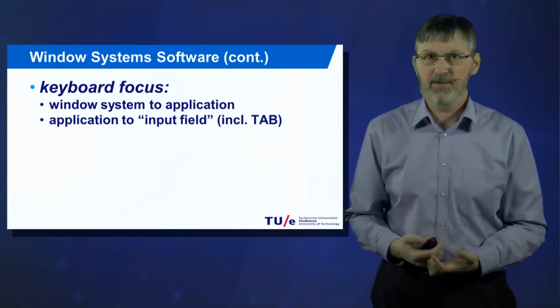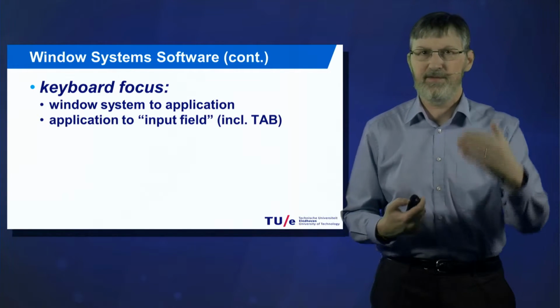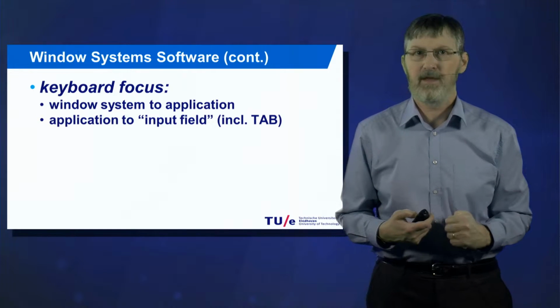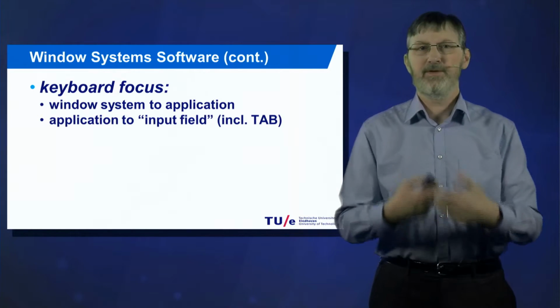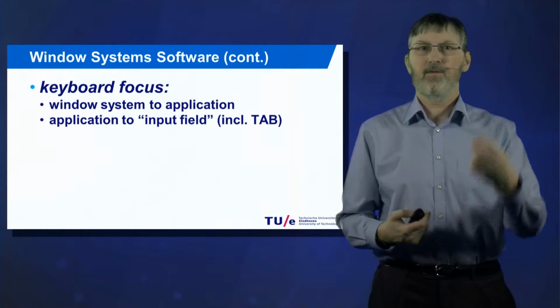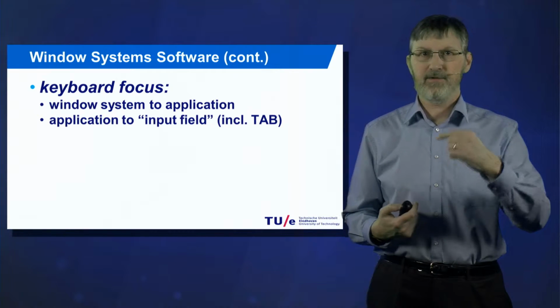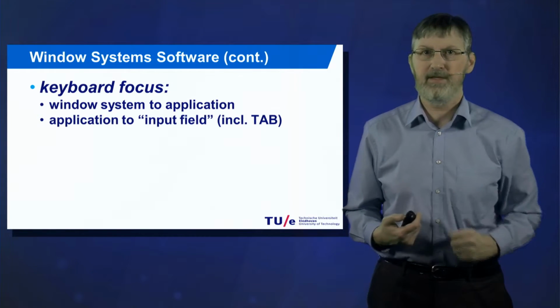This also includes moving the keyboard focus to different input fields when the user presses the tab key. On many web forums, we see that designers often forget to indicate what the next field is, and when you press the tab key, the cursor just moves randomly between input fields.